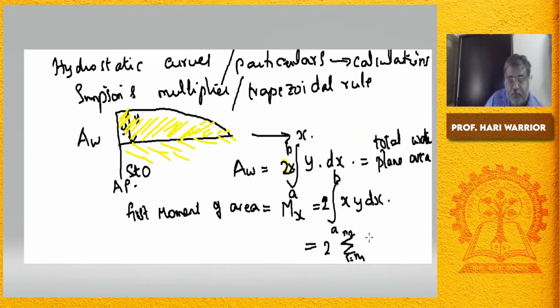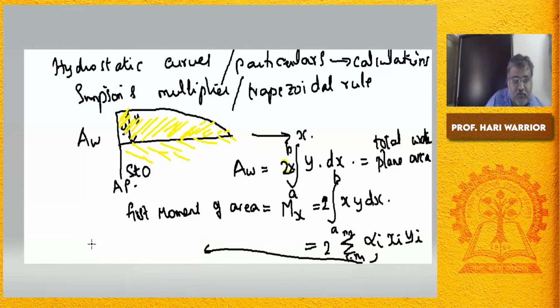So this into alpha I, which is the Simpson's multiplier, into xi into yi, which is equal to 2 into sigma I equals n1 to n2 alpha I into xi, which is ji into delta L, or j into delta L itself.